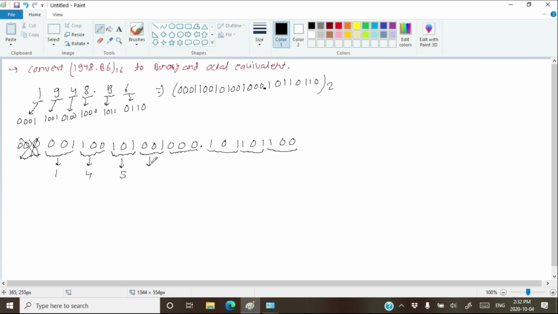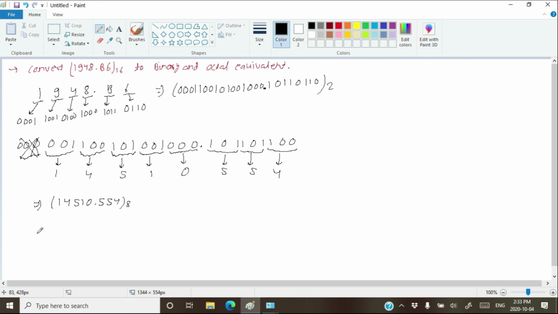5 1 0, 5 5 4. So if you write all these numbers together, then you will get 14510.554 in octal. So this number in hexadecimal represents the same quantity as this number in octal.